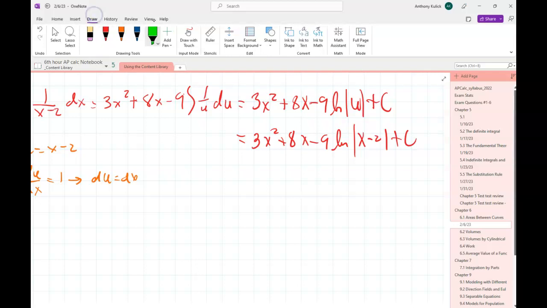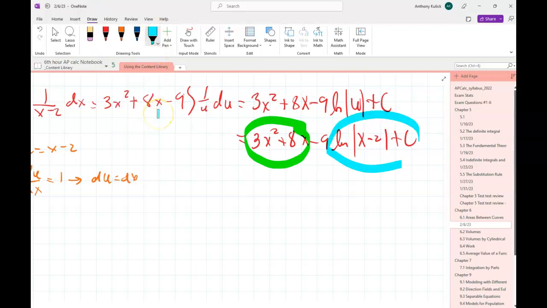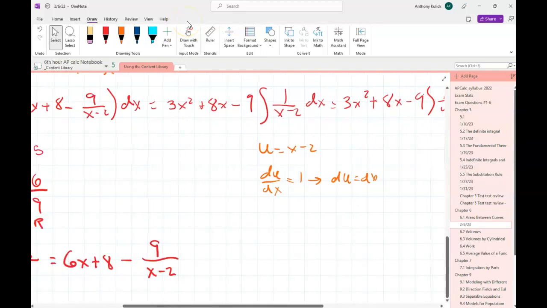So what I'm seeing is the pattern: I should be getting some kind of a polynomial, and then I'm going to get the natural log of the divisor. Everybody's okay with that? That's the pattern that I'm looking for.